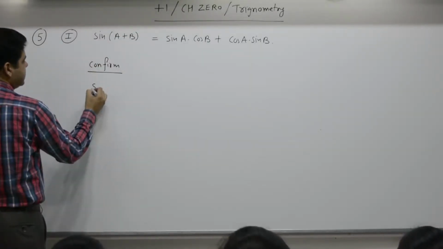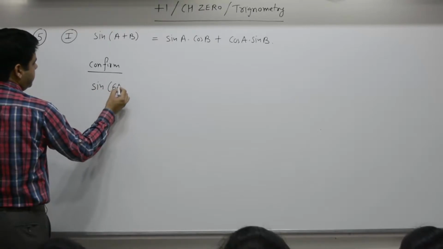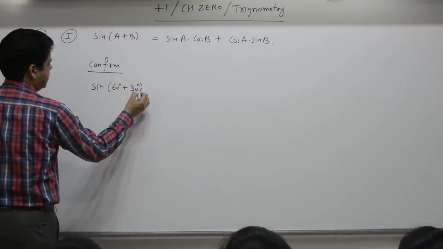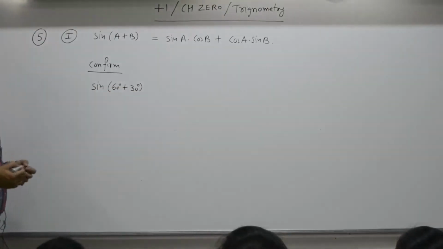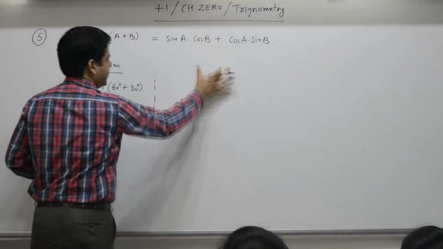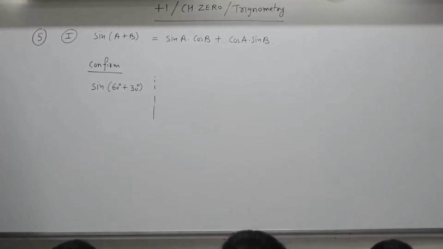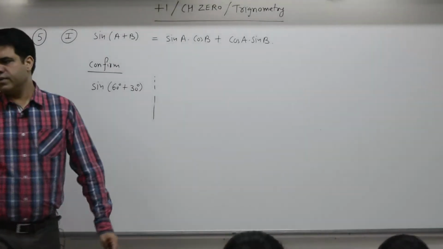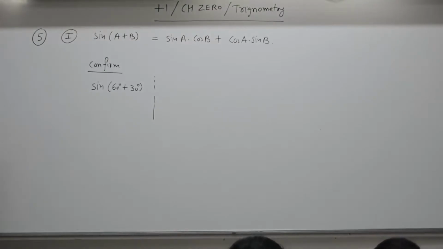Let A be 60 degrees and B be 30 degrees. Check whether the left hand side is equal to the right hand side or not. Time with you is 2 minutes. Do it calmly.